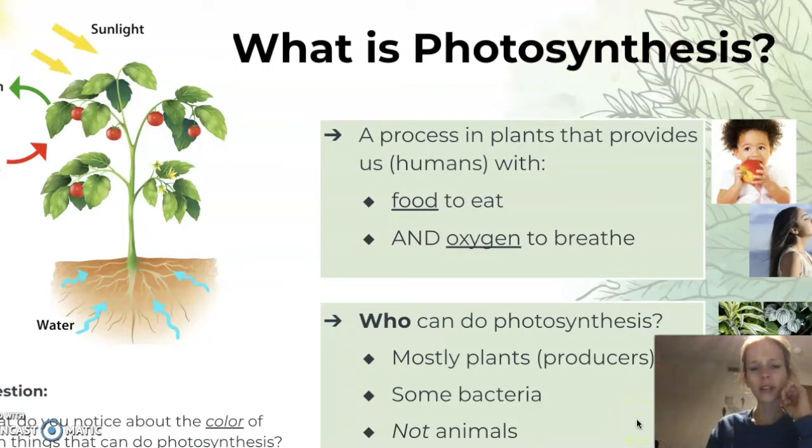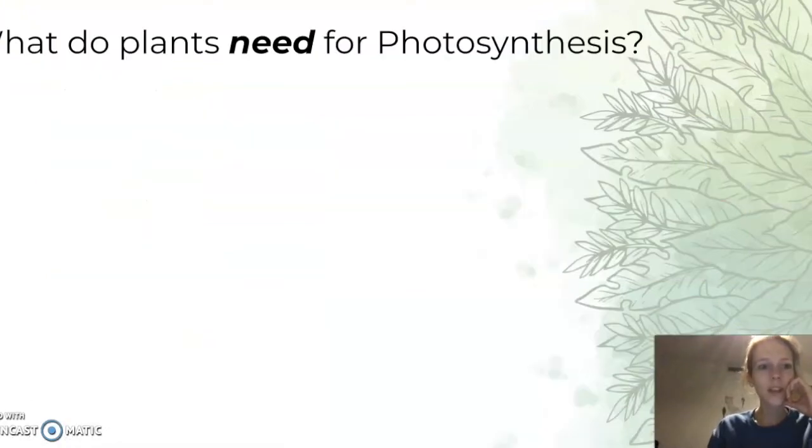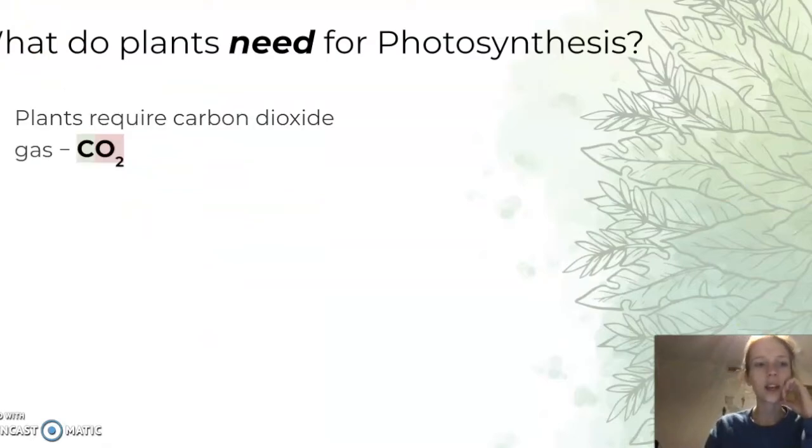What do you notice about the color of both of these things that are doing photosynthesis? Everything that does photosynthesis is green, and it turns out there's a reason for that, which we'll talk about in just a little bit.